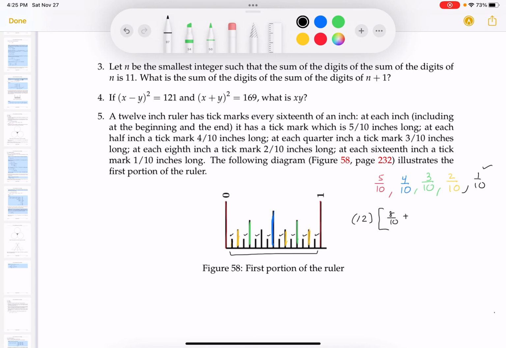All right, I'm going to do the yellow guys next. There's 1, 2, I forgot to do that one over, 3, 4. That's yellow. I'm sorry about that. There's 4 of those yellow guys. That's 8/10.